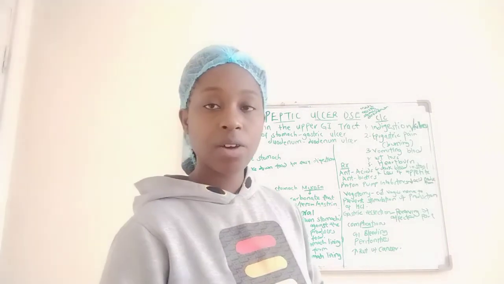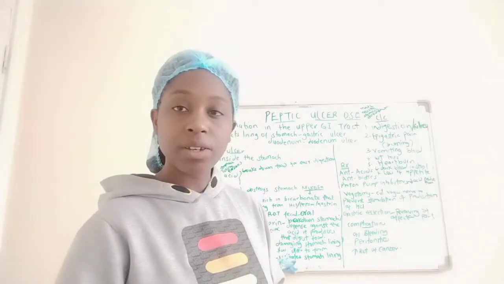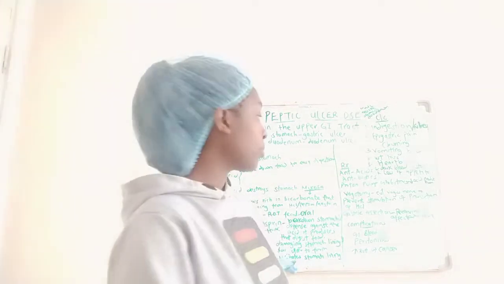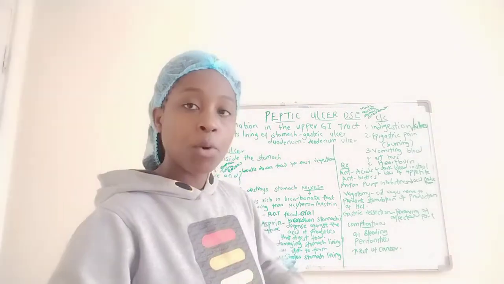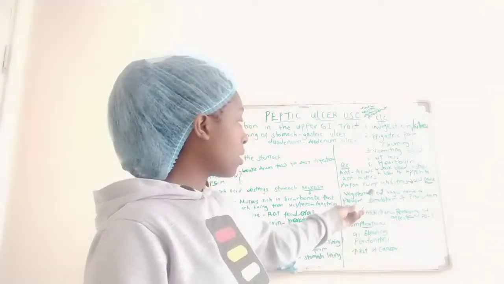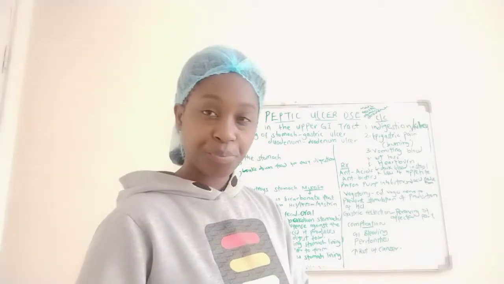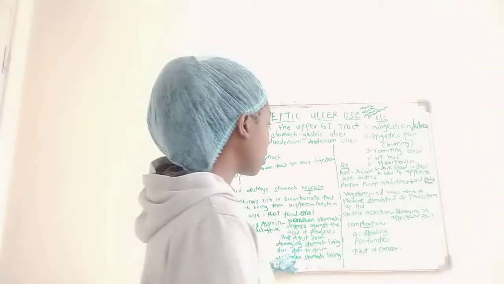If you have H. pylori, then you will be given antibiotics to clear the H. pylori from your system. We have a group of medications called proton pump inhibitors. These ones, they reduce the rate at which the gastric acids are produced.